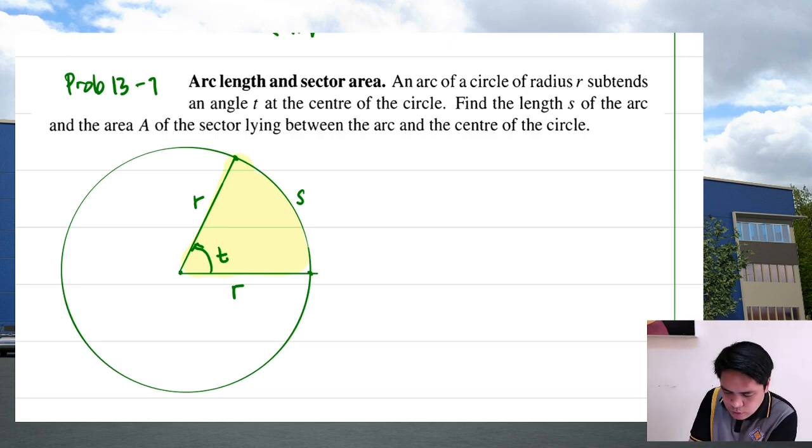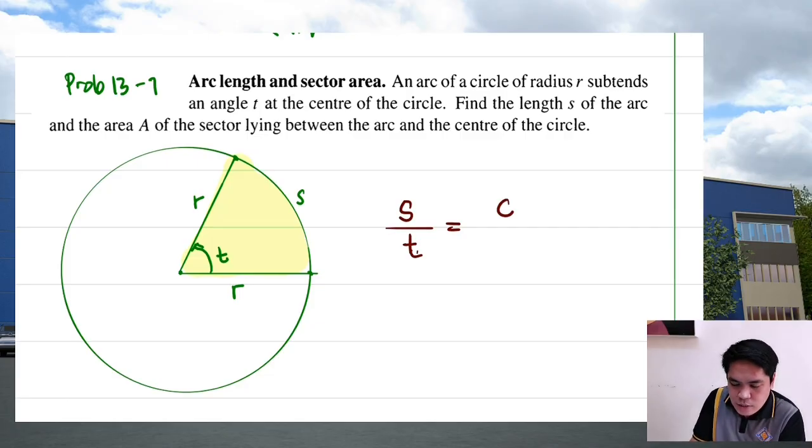So we have S, or how about in terms of angles na lang? For S, it is subtended by the angle t, which is proportional to the whole circumference, and the angle for the whole circumference is 2 pi.